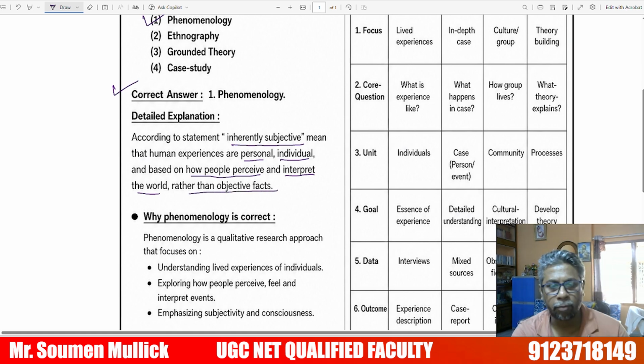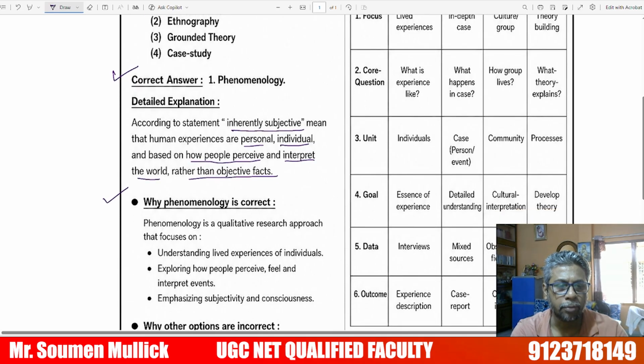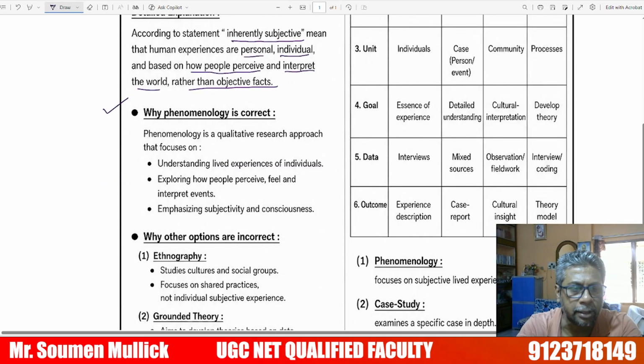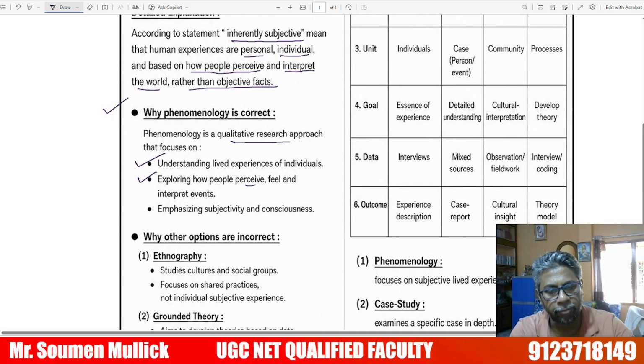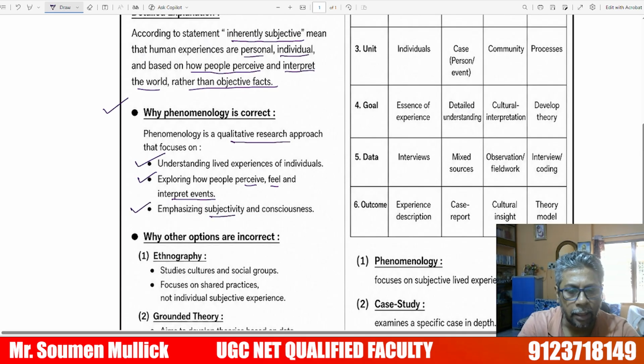Another reason: phenomenology is a qualitative research approach that focuses on understanding the lived experience of individuals, exploring how people perceive, feel, and interpret events, and emphasizing subjectivity and consciousness. That is called phenomenology.